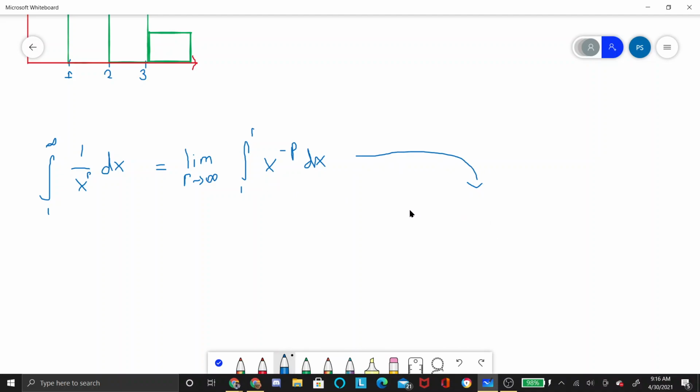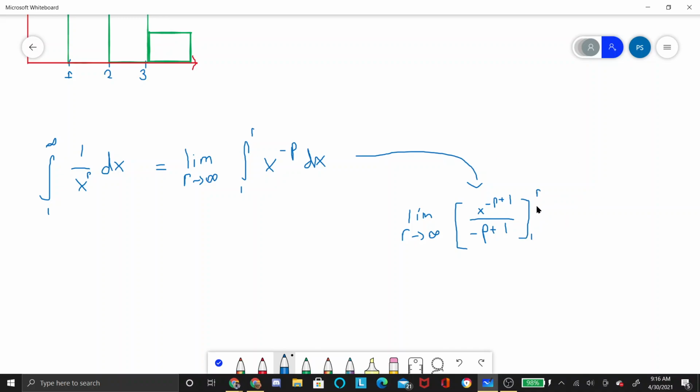So that would turn into the limit as r approaches infinity of x to the negative p plus 1, because when you take it, you'd add 1 to the exponent. And then since this would always also come out here, we have to divide by that. So it would be divided by negative p plus 1 as well. And that's from 1 to r.